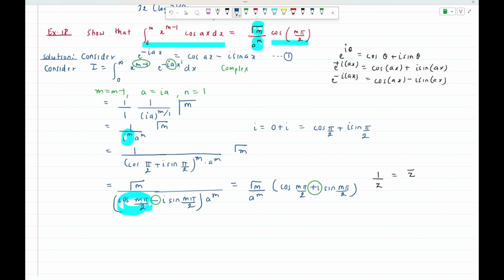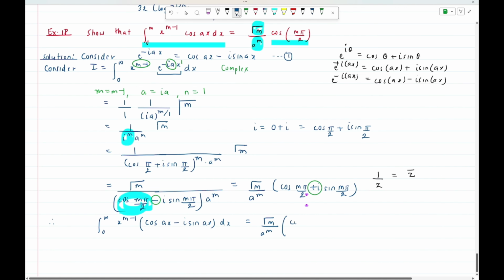So now to summarize, what we have is integration from 0 to infinity x raised to m minus 1. Now I'll write down the value of e raised to minus iax, which is cos of ax minus i times sine of ax dx. We have got this as gamma of m divided by a raised to m, cos of m pi by 2 plus i times sine of m pi by 2.